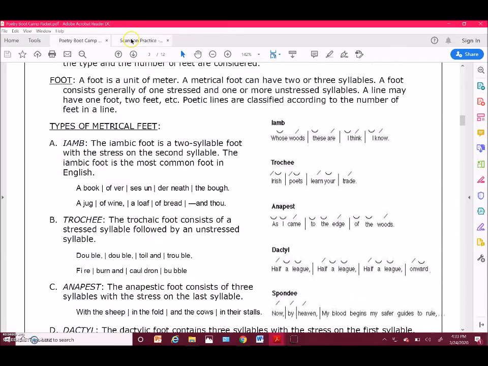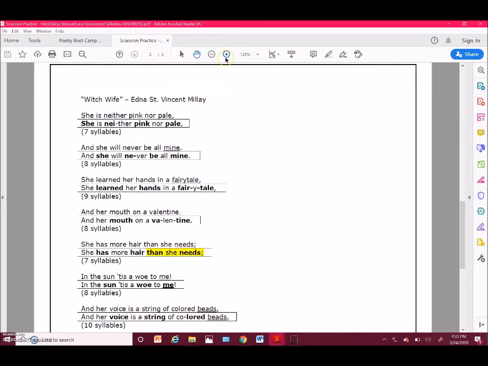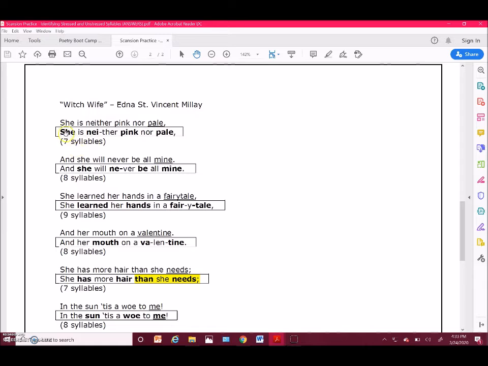So let's look at our poem here. Zoom in a little bit. She is neither pink nor pale. Stressed, unstressed, stressed, unstressed, stressed, unstressed, stressed. Well, we'll go back to our chart and see what pattern matches stressed, unstressed, stressed, unstressed.